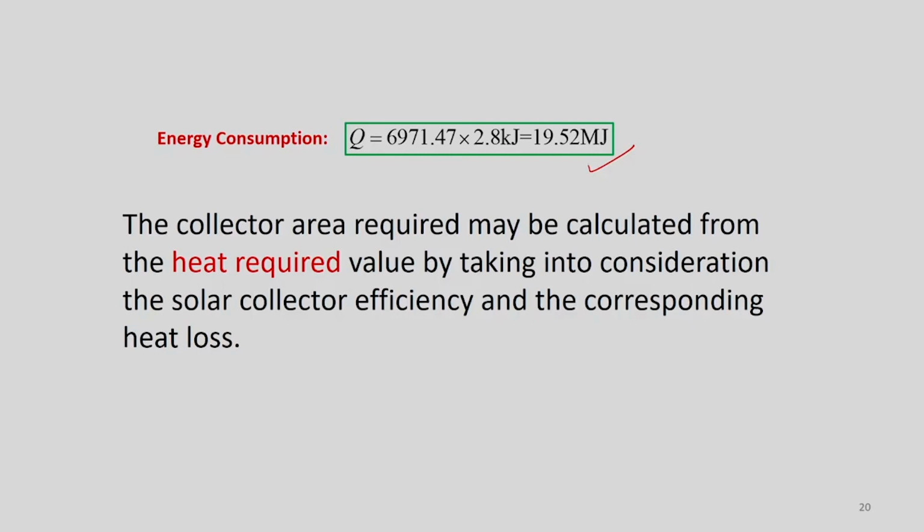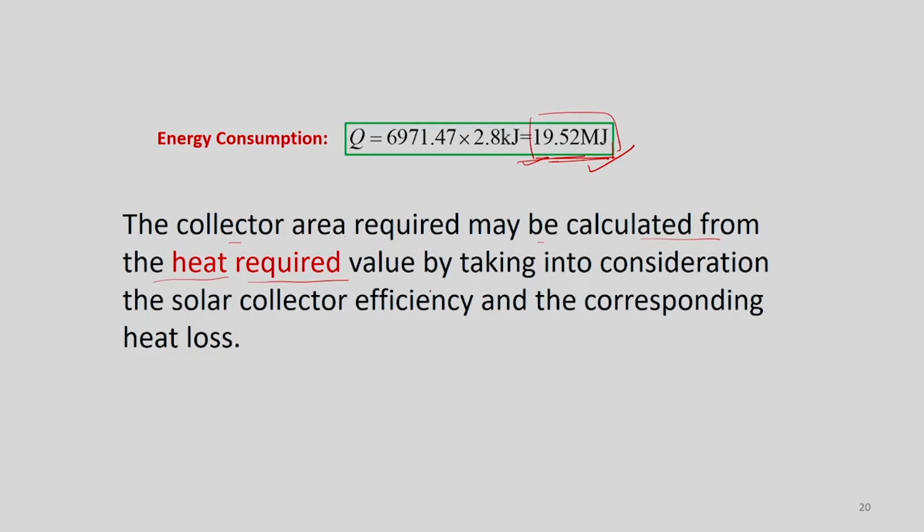So, the collector area required may be calculated from the heat required value. Once we know this value, then from that we can calculate the area required for drying the required amount.